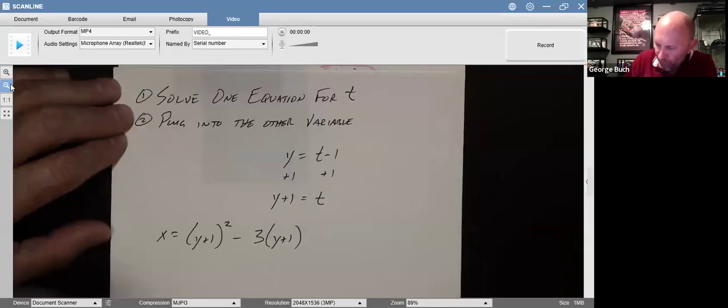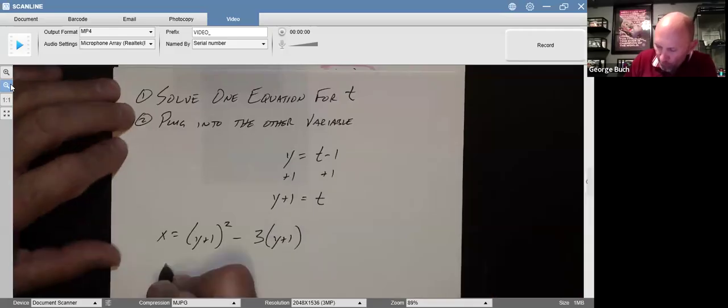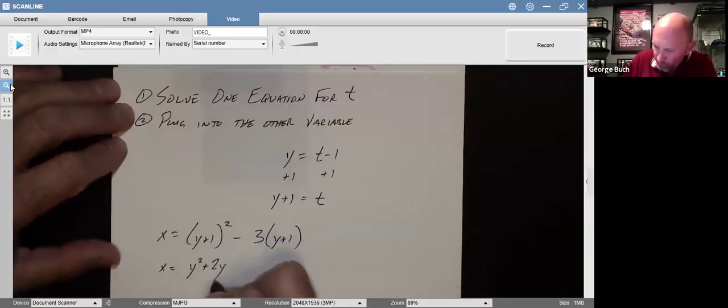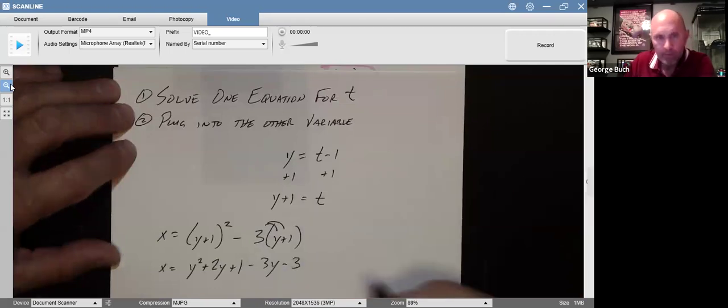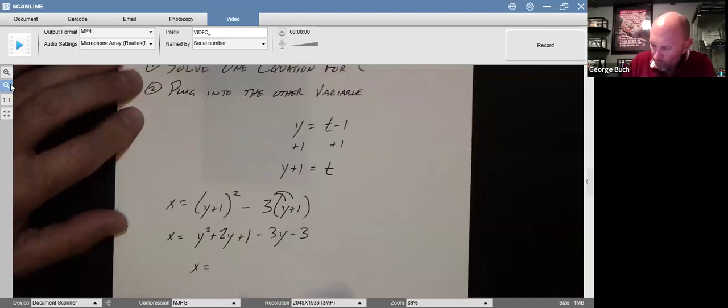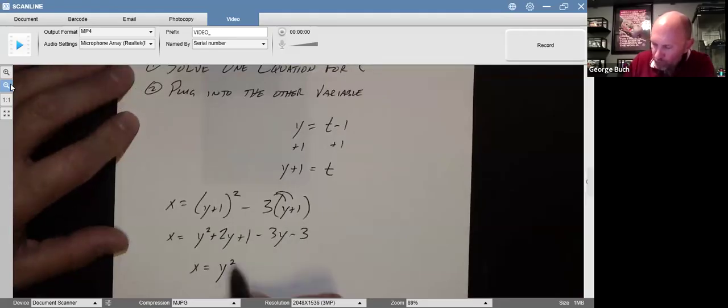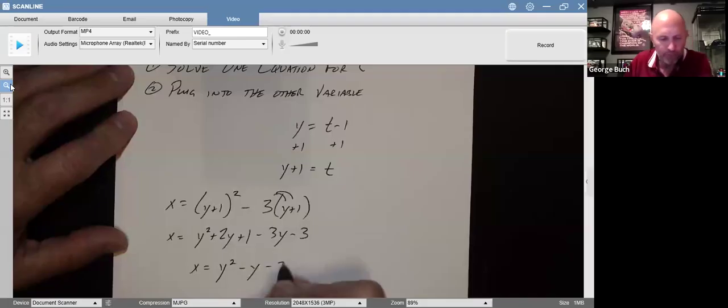So we can simplify this. If I FOIL y plus 1 times y plus 1, I get y squared plus 2y plus 1. If I distribute this -3, I get minus 3y minus 3. So that gives me y squared. 2y minus 3y is minus y, and 1 minus 3 is negative 2.